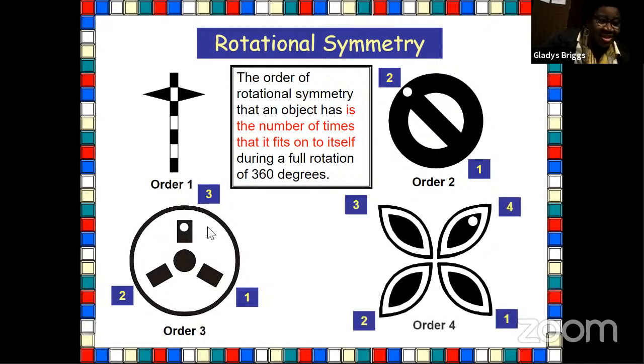And this one is 3 times. If you turn it, this will be 1, turn it again 2, and turn it again 3. And probably this flower would be 4 times, because each time you turn it, it will show you the same shape, 4 times.